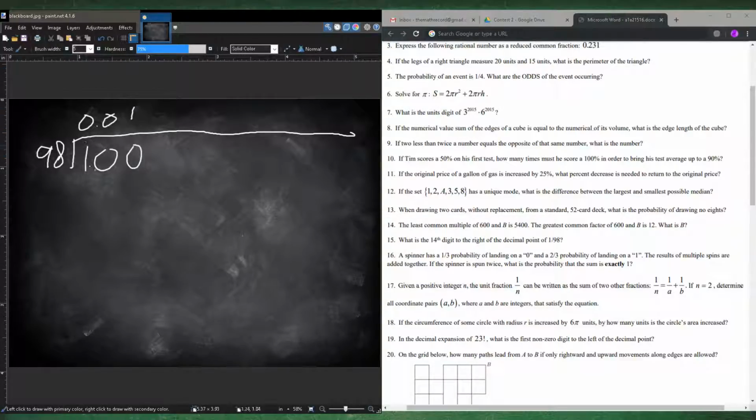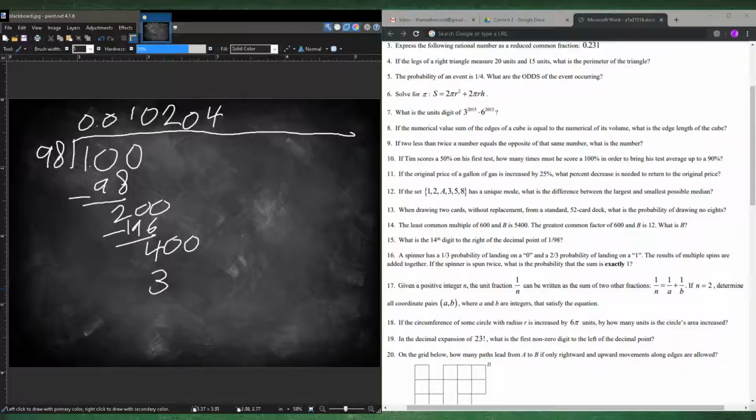You put this as 1, so that's 98. Subtract that, it's 2, 0. Drop down 0, put down there 0, that's 2. That's 196. That makes a 4. Drop down a 0. So 98 times 4 is just 2 of this one, so that's 392.